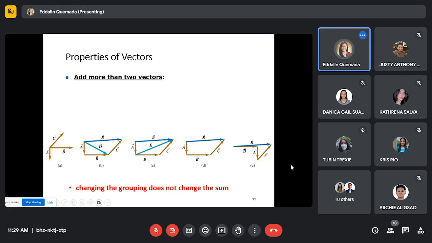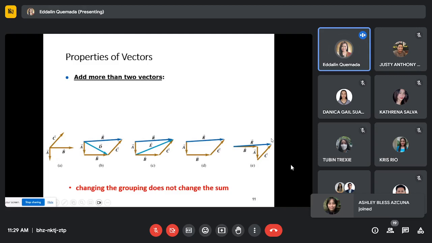Now, take note, class, of the given resultants in scenarios B, C, D, and E. Naa bay kalahian sa resultant for the given four scenarios? Is there a difference of the resultants? Yes or no? Tanawa ang resultant.